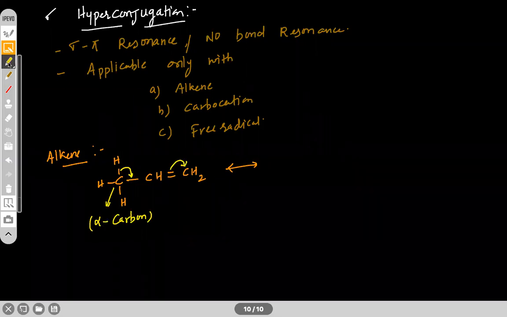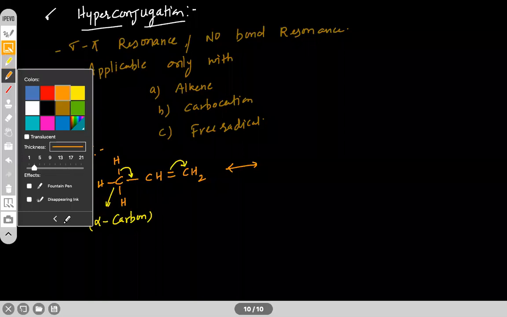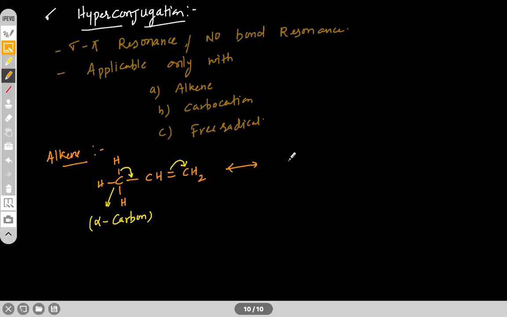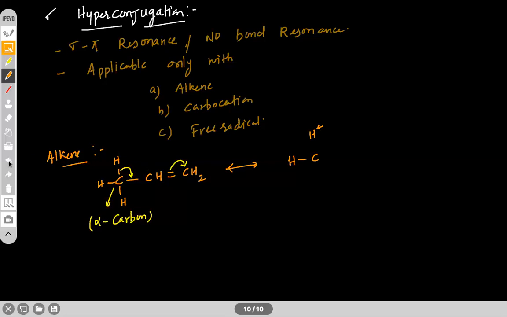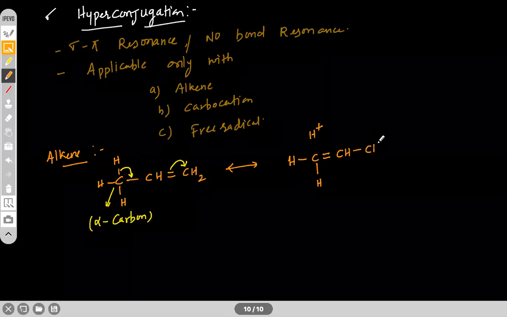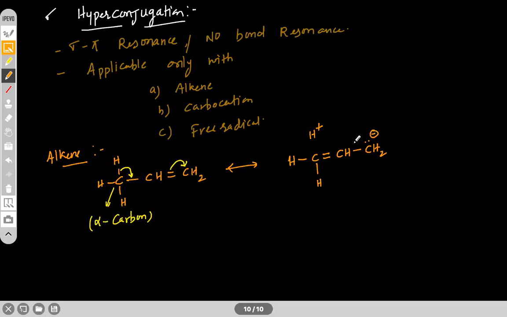So what happens because of this, you see? We get H here. See, this H will be as it is. Here we'll have this H plus. Because the pair of electrons shifts over here, so it's H plus, double bond CH, single bond CH2, and negative charge on this, because it takes pi electron from this.